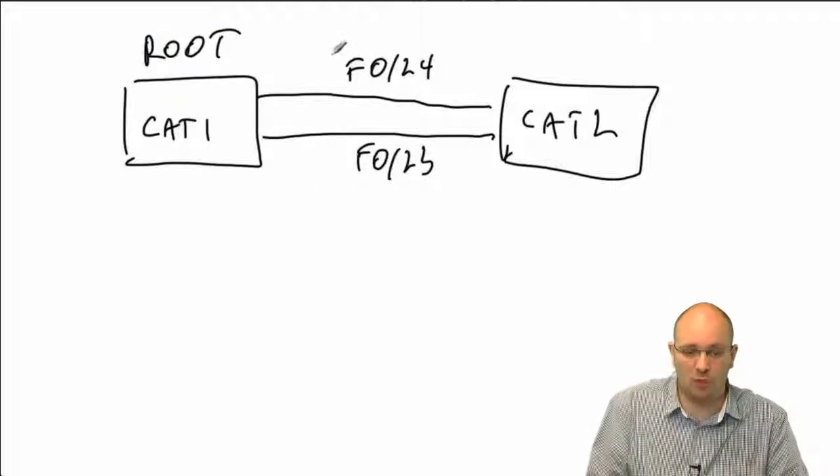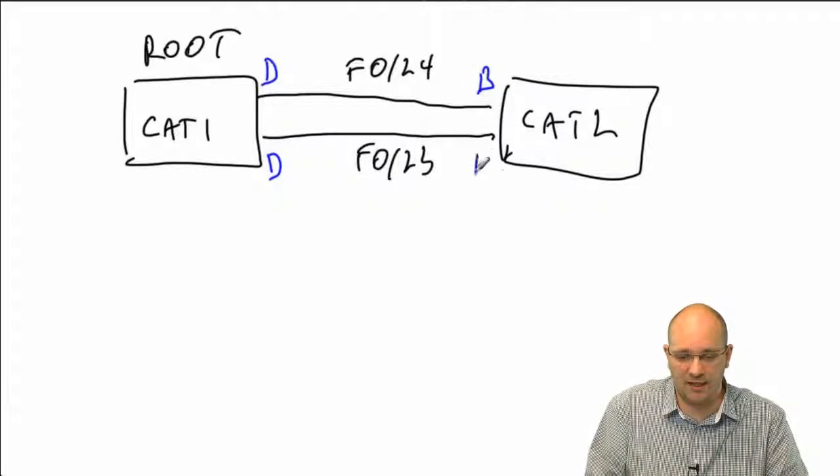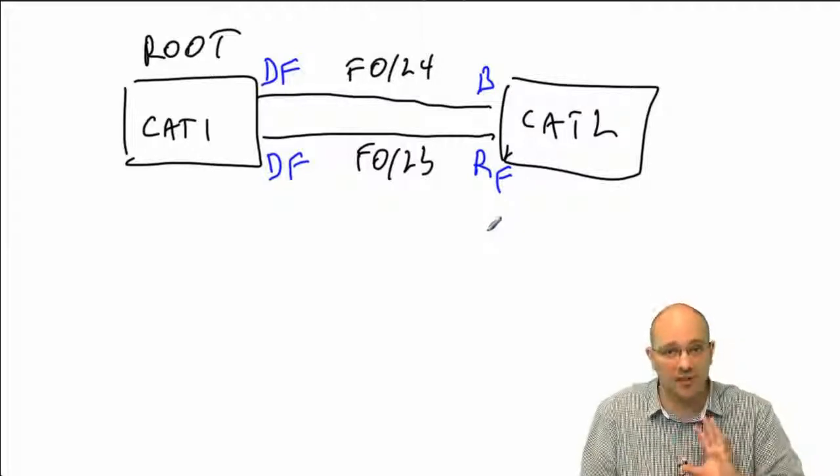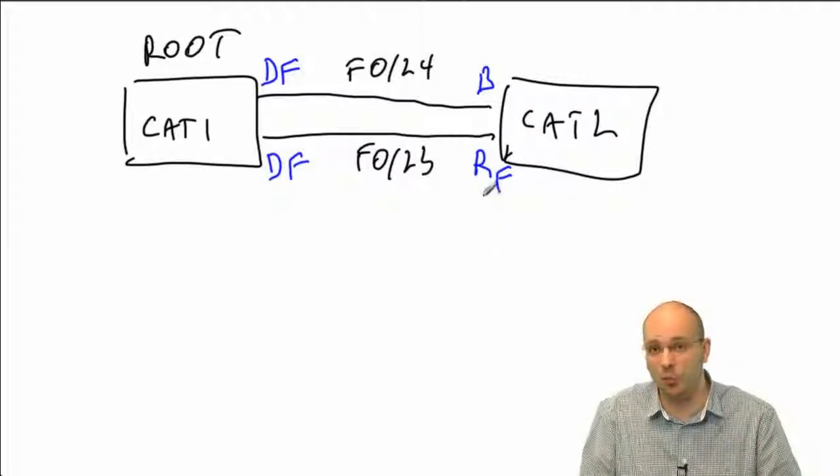Now I know what the topology is going to be. This will be the designated port, this will be the designated port. This port will be blocking and this port here would be the root port. This would be forwarding, this will be forwarding, this would be blocking, and this one here will be forwarding. This is how the spanning tree without the BPDU filter enabled will converge.